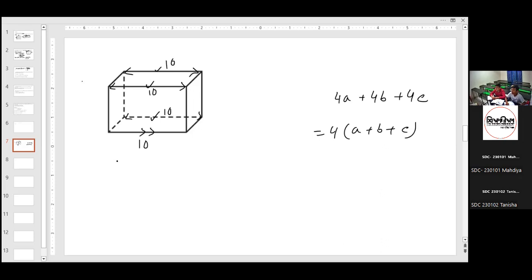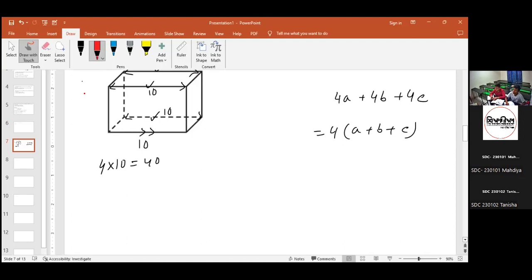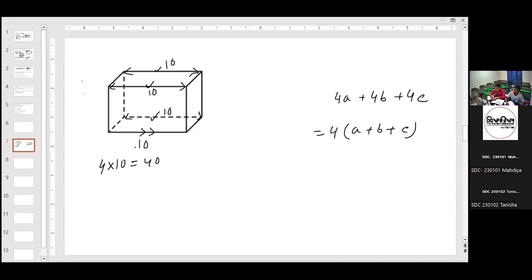Now, instead of being 10, if it is A, and this is also A, and also A, and also A, then 4 into A, what are you going to write? 4A, right? Yes, sir.